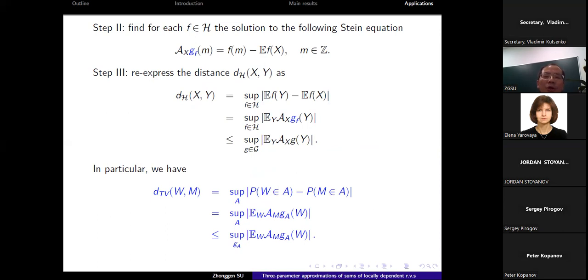So it's enough to consider the last inequality. In our setting, we want to consider the total variation distance between W and M, so it is enough to study the last one in this slide. That is the starting point of our study.